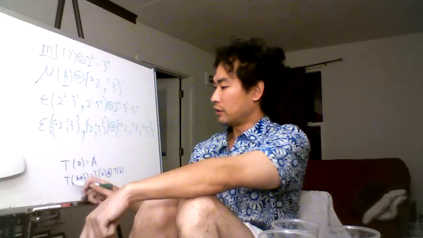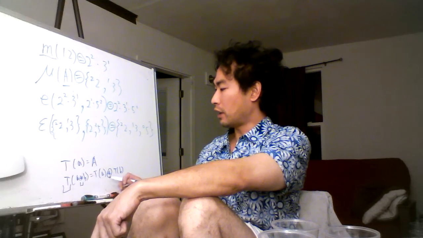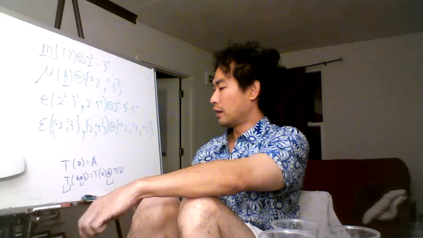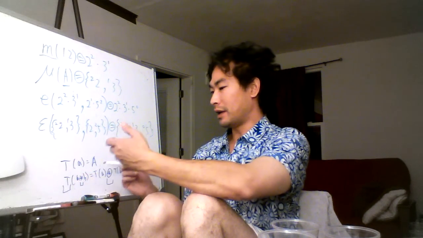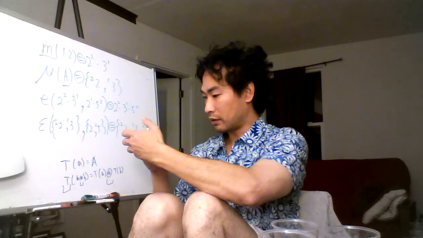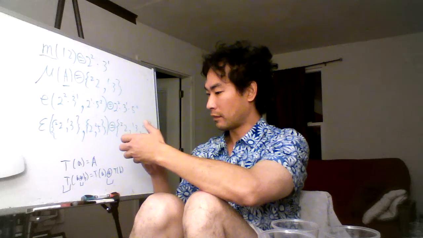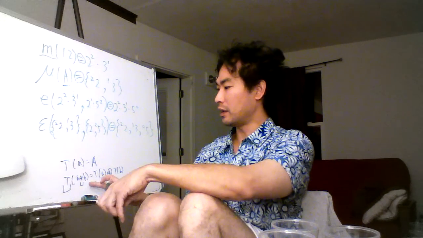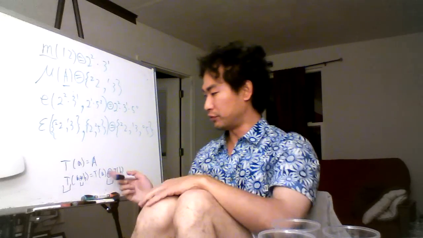Roughly it takes three inputs: a function T, multiplication operator, and strict union operator. A and B, you don't really care about that, because they're inputs of function T, so it's kind of implied.